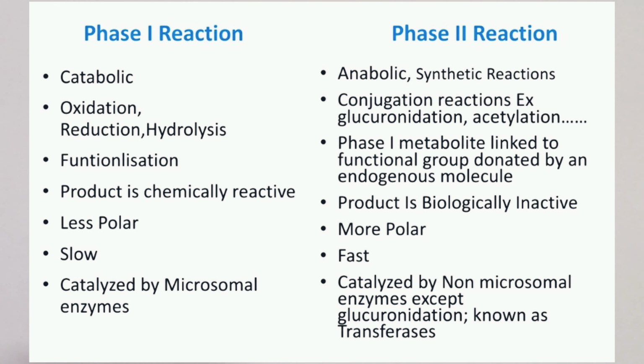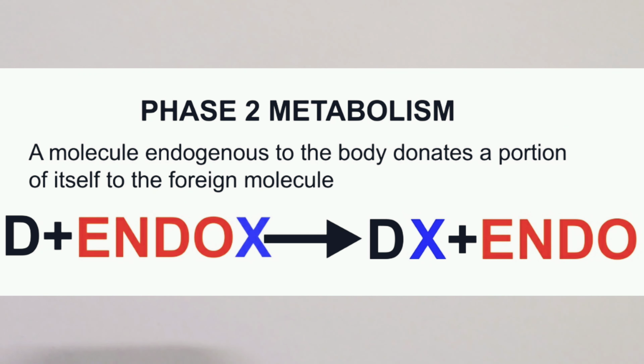Phase II reactions are fast compared to Phase I reactions which proceed slowly. Phase I reactions are catalyzed by microsomal enzymes, whereas Phase II reactions are catalyzed by non-microsomal enzymes except glucuronidation, which is catalyzed by microsomal enzymes. The enzymes are also known as transferases. For example, acetylation is catalyzed by acetyltransferase. Methylation is catalyzed by methyltransferases.